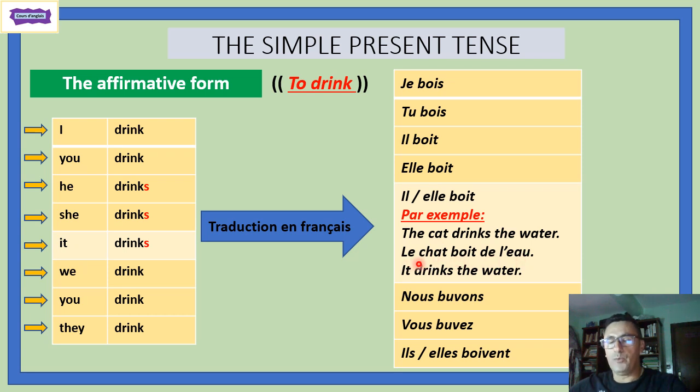Alors, on peut remplacer the cat, qui est le chat, par it. Et on dit, it drinks the water. We drink, nous buvons. You drink, vous buvez. They drink, ils, avec S, ou bien elles, avec S, boivent.